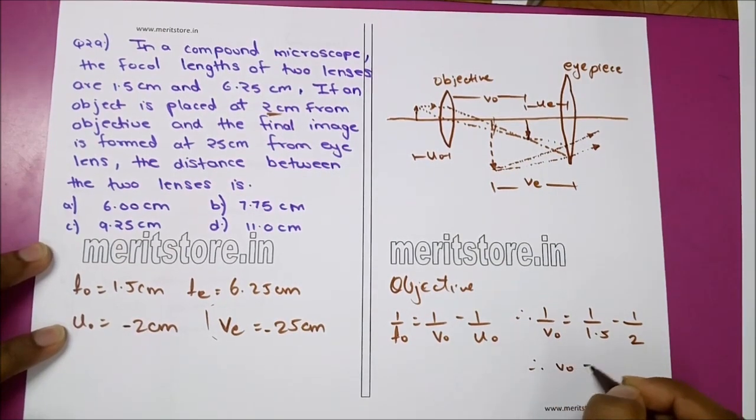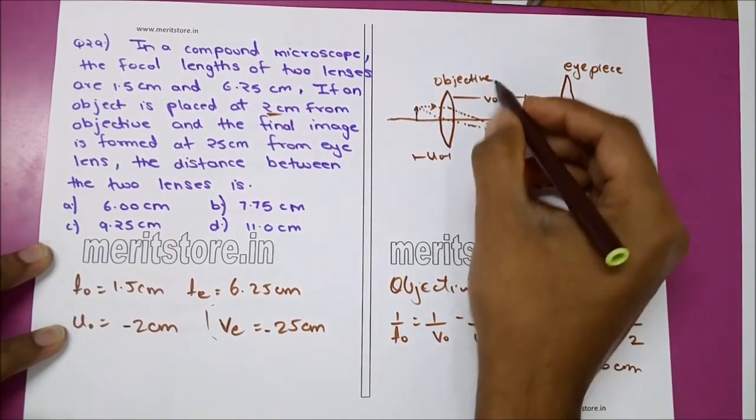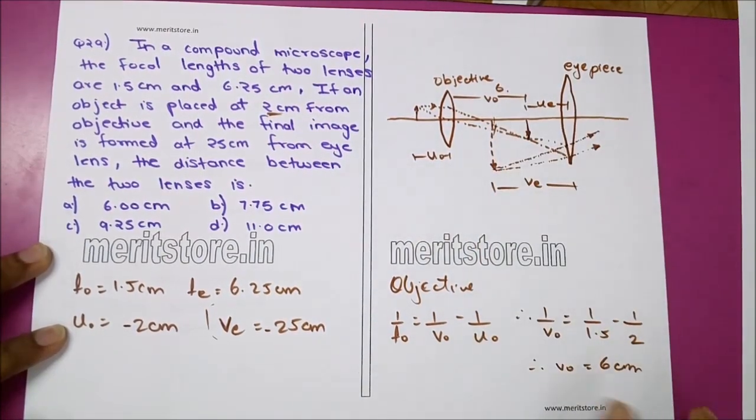So v0 is equal to 6 centimeters. So this is nothing but 6 centimeters.